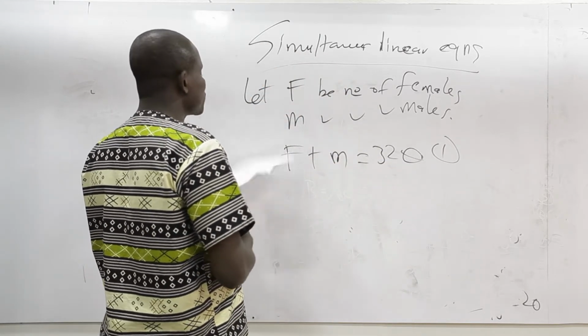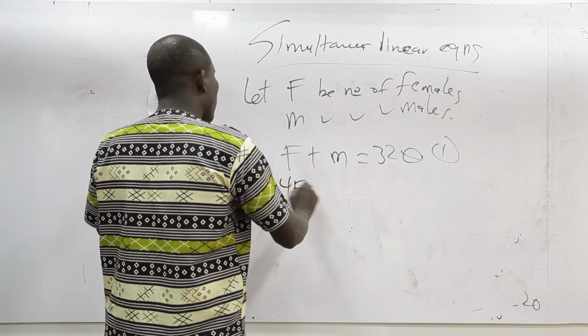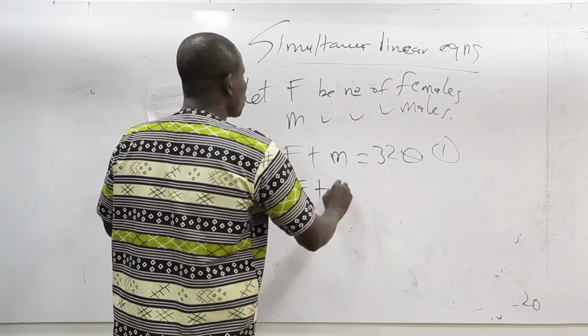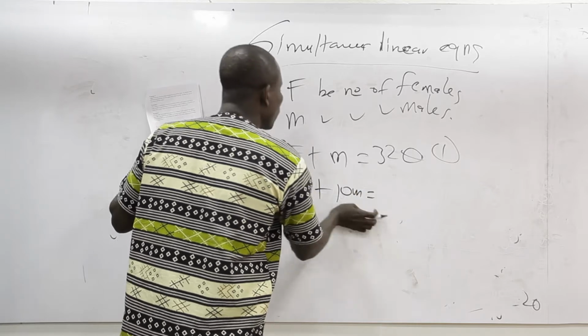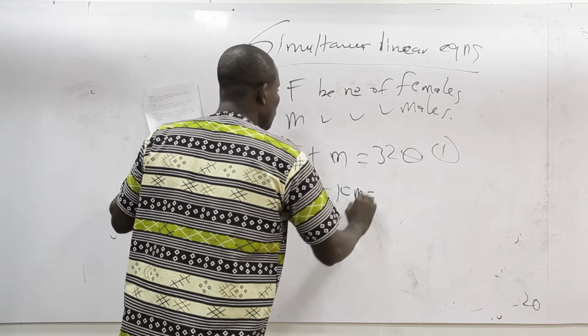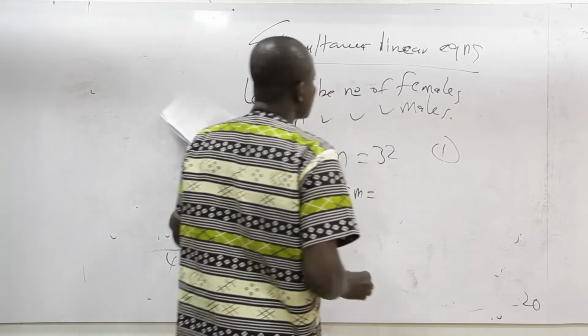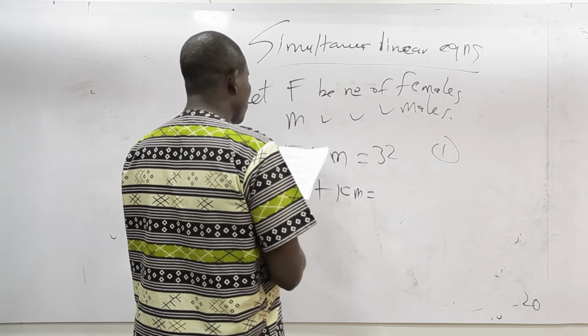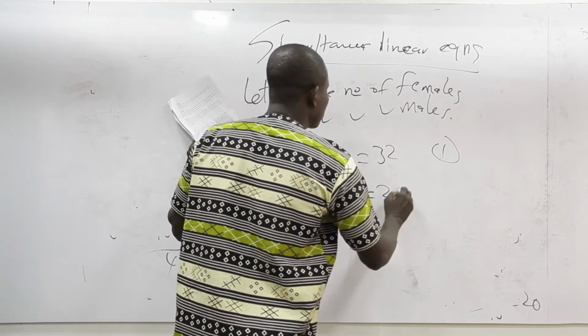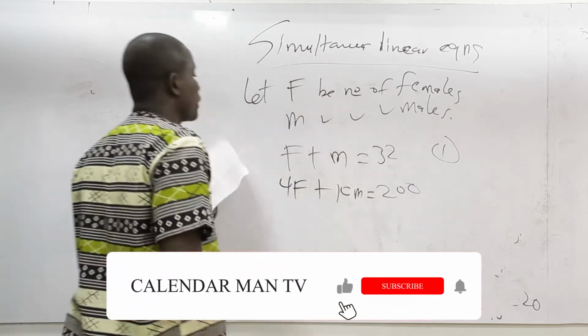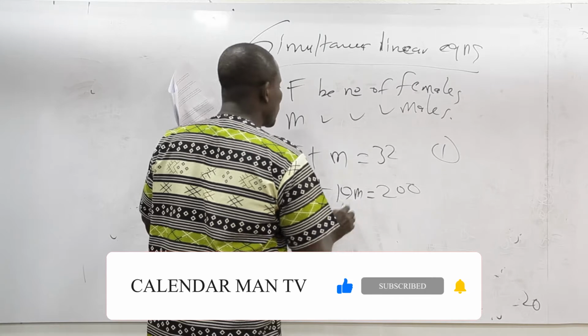The female paid 4 cedis, so it will be 4F, and male paid 10 cedis, so 10M. It's equal to the money. I hope you are getting the point. What is the figure? It's 200.